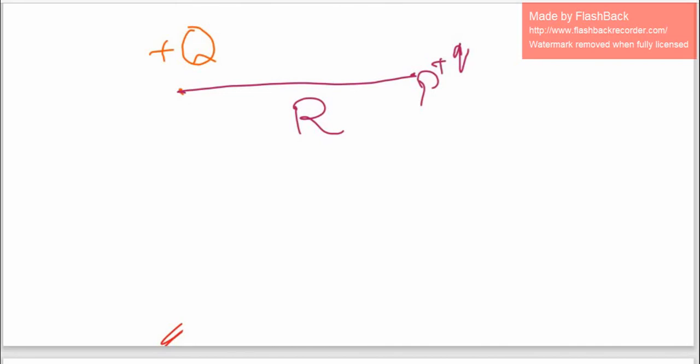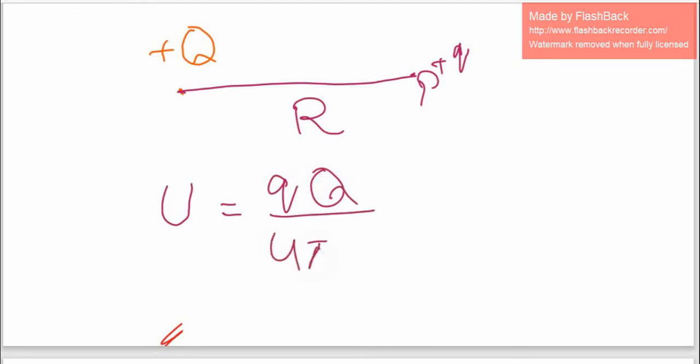So the electrostatic potential energy is Q test charge q over 4 pi epsilon naught r, exactly the same as we have.